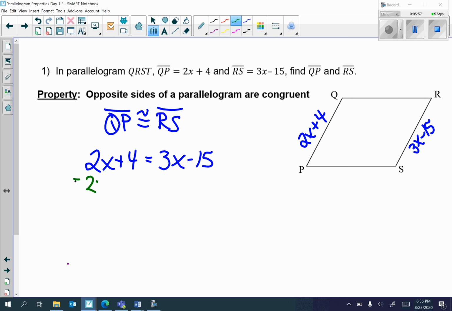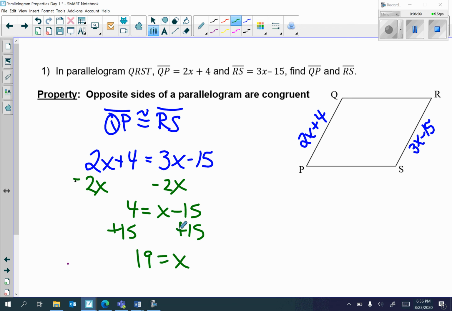Get the variables on one side, so let's subtract 2x. 4 is equal to x minus 15. And then let's add 15 to both sides. So 19 is equal to x. Now notice in the question, it wants us to find the length QP. So I need to substitute 19 back in. So 2 times 19 plus 4.